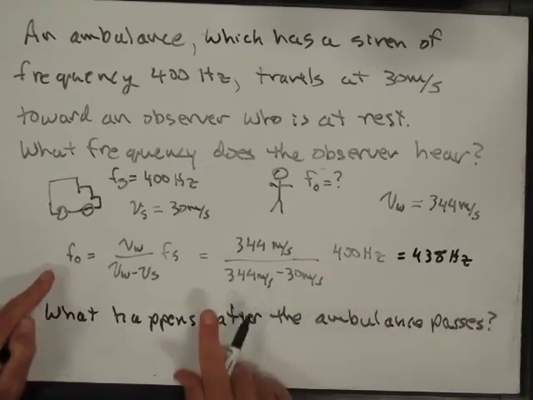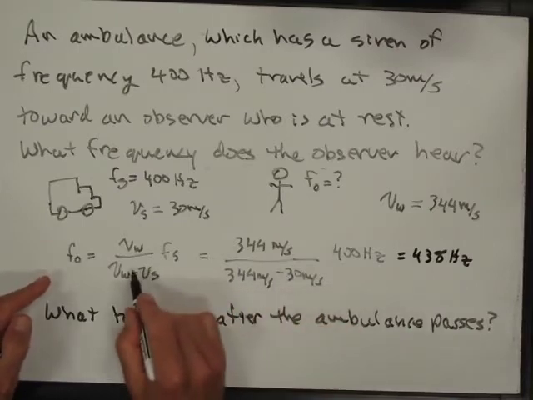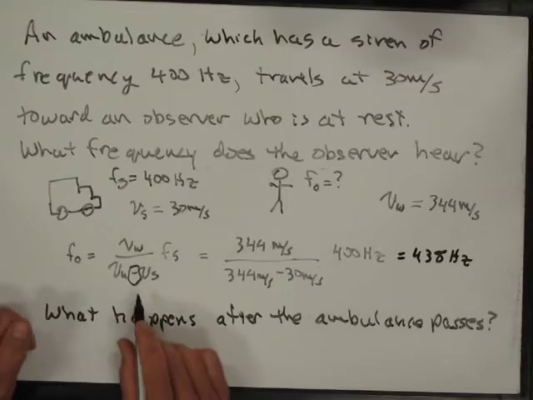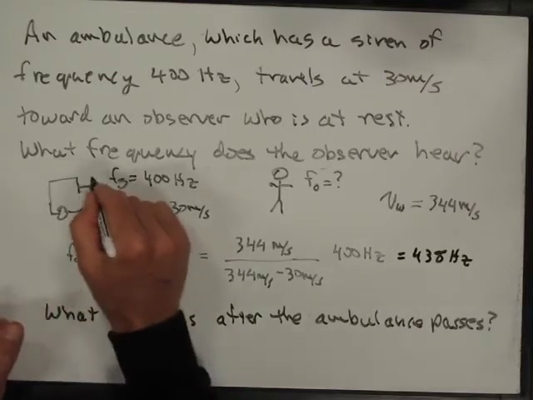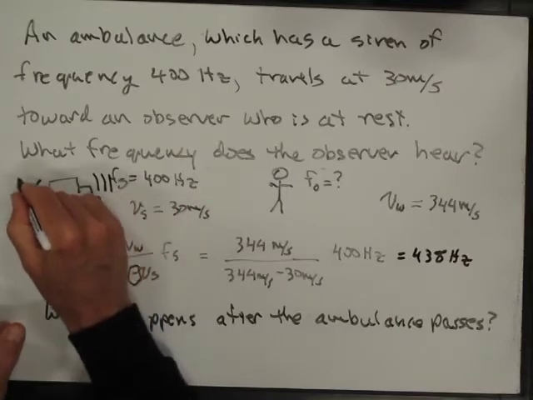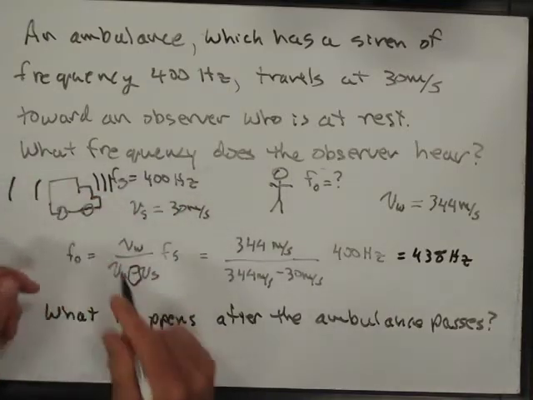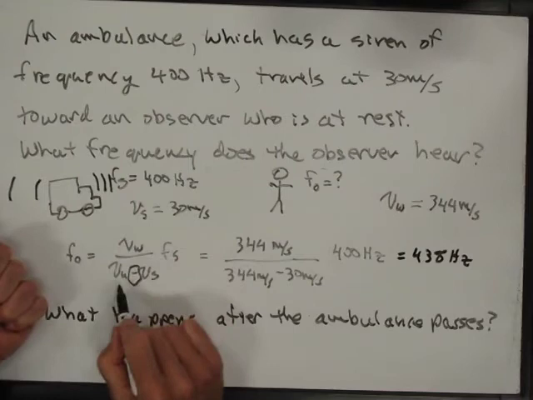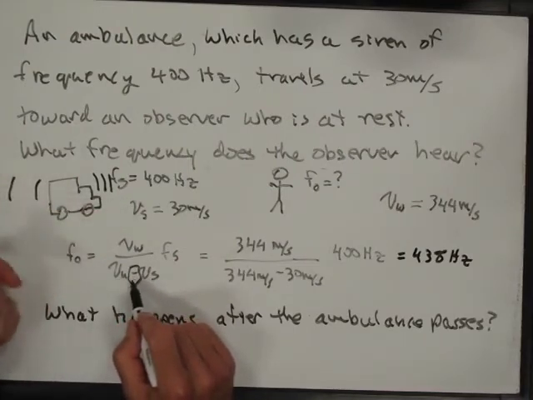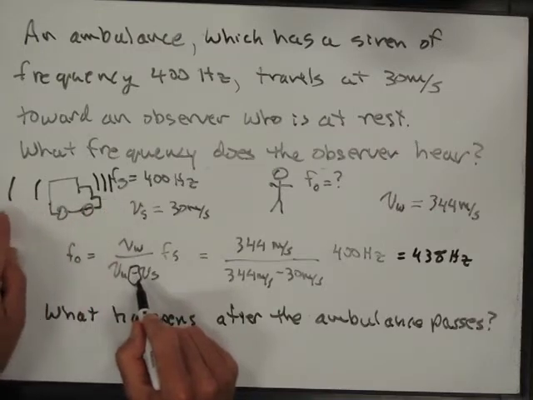So we didn't talk about this, but we mentioned last time that this minus sign changes into a plus sign. And that's because whereas the waves get crunched in the forward direction, they get extended in the backward direction, because the sound still travels at the velocity of the wave, but the truck is moving away at the velocity of the truck, and so instead of catching up to the waves, it's spreading them out.